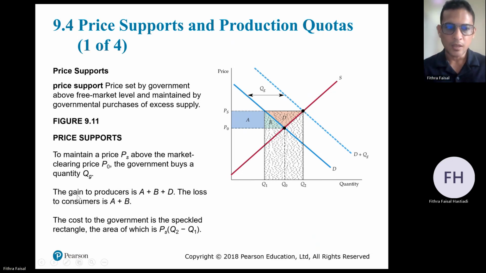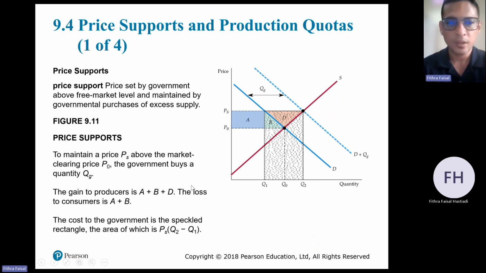So the gain to the producers should be A, B, and D, because now the government is absorbing the idle resources that we had earlier. So that is all absorbed by the government.